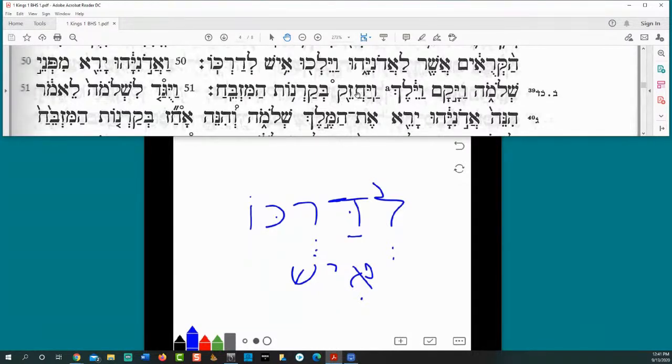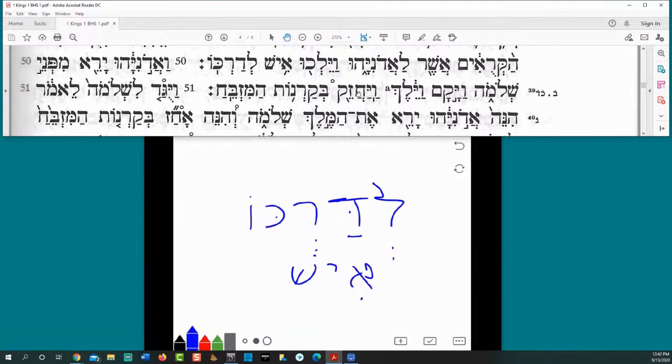Vayachazek. So this is a nice Hiphil form. We haven't learned these in the imperfect yet, but this I-E vowel here keys you in, and he grasped. So this is a Hiphil, vav consecutive imperfect, third singular from chazak, vayachazek.